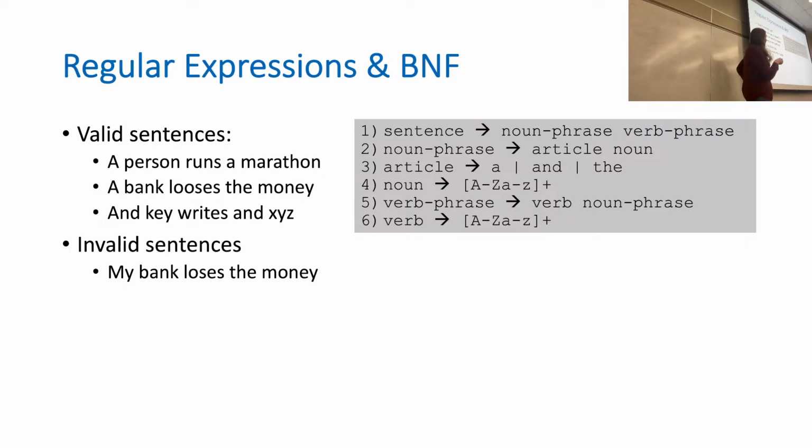But the real difference is that nouns and verbs break down into just alphabetic regexes, one or more alphabetic characters. So instead of hard coding specific English words that the noun and verb non-terminals can derive into, it's just a regex. Any combination of just letters is valid.